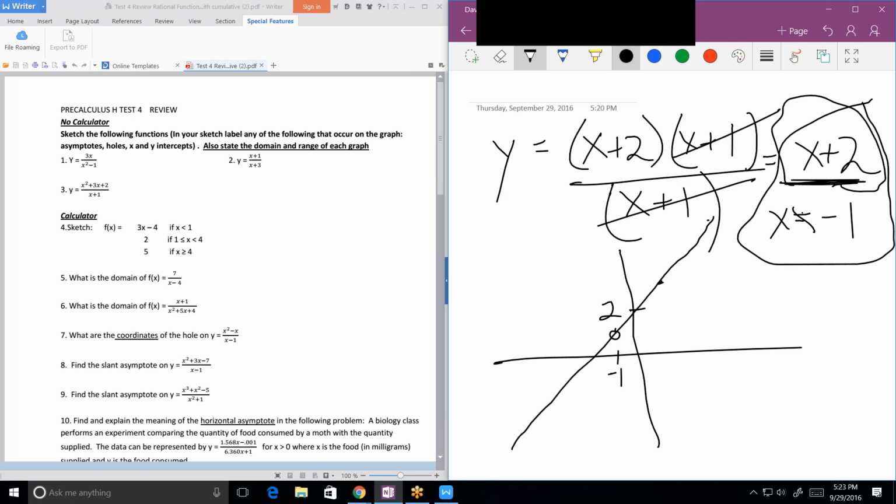What's the range? So the domain is all real numbers except x equals -1. What's the range? It would be negative infinity to 1, and then 1 to positive infinity. Not -1, this is +1.